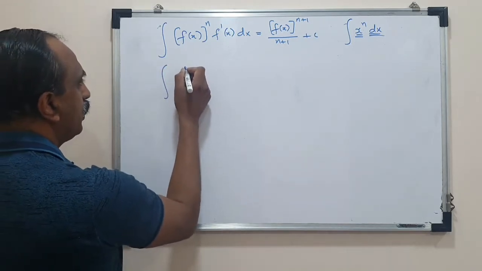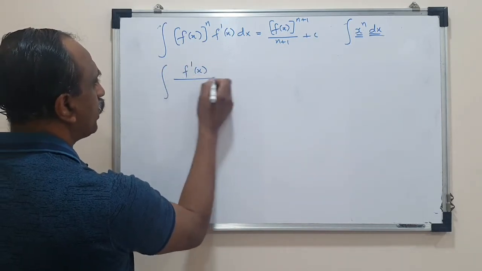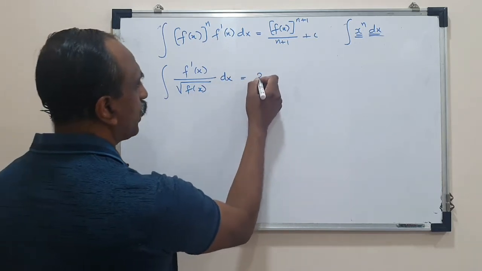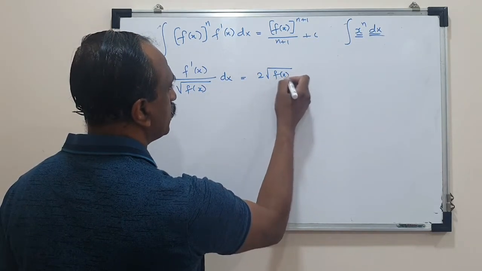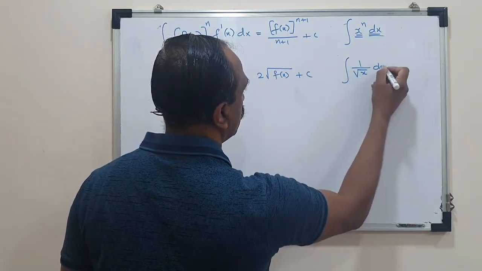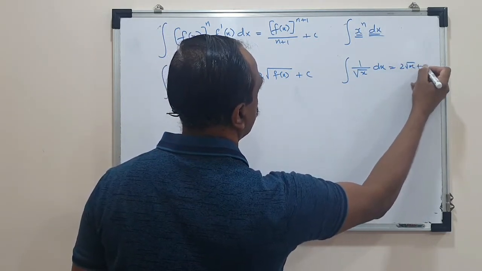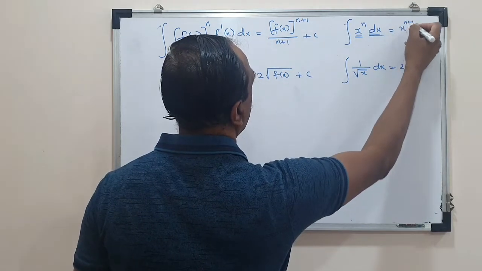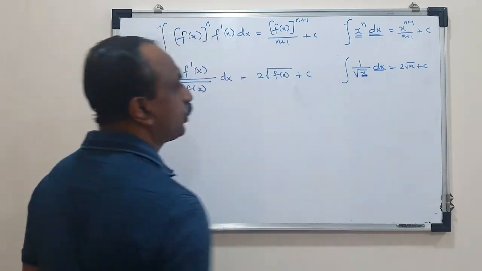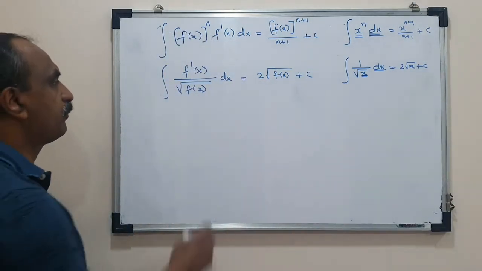If you have f dash x upon root f x dx, directly you can write 2 root f x plus c, because integral of 1 by root x dx is 2 root x. Here it will be x raised to n plus 1 upon n plus 1 plus c. Only thing, the derivative of x should be present there, then you can apply the formula.